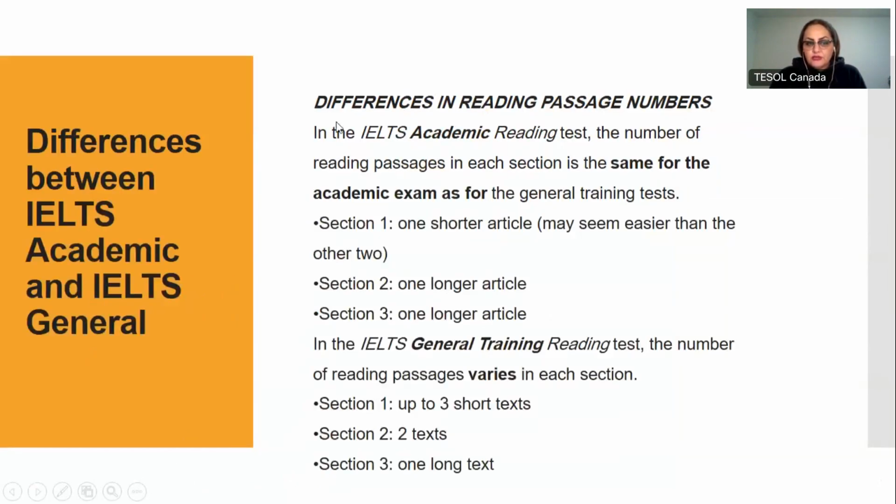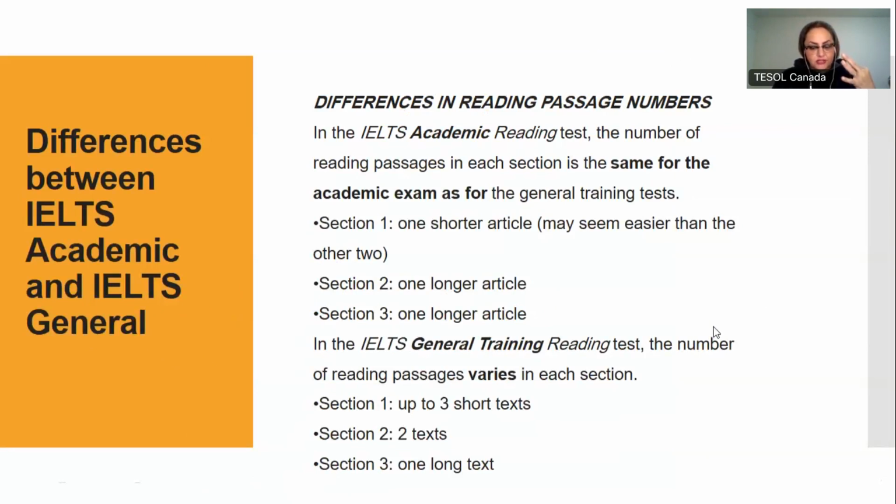As you know, there's a difference between IELTS academic and IELTS general in reading and writing. Listening and speaking are exactly the same, but there are differences in reading passage numbers. In the IELTS academic reading test, there are 3 sections: section 1, section 2, section 3.